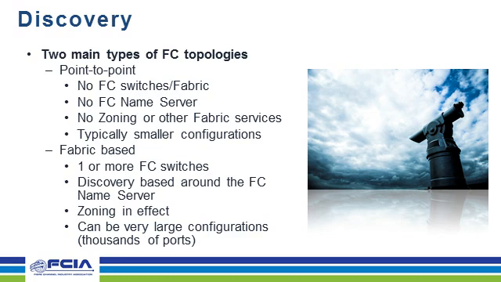And of course, the more common topology is fabric-based, which consists of one or more Fibre Channel switches. Discovery is based around the Fibre Channel name server. Zoning is in effect, and these can be very large configurations, up to tens of thousands of ports.